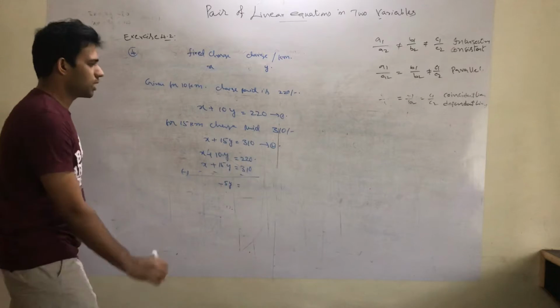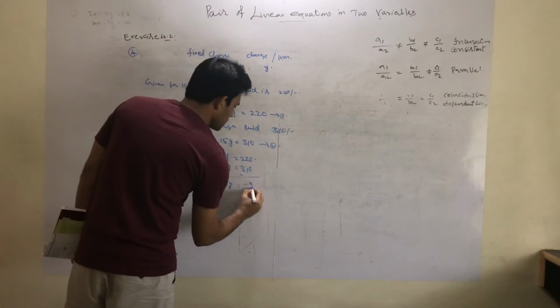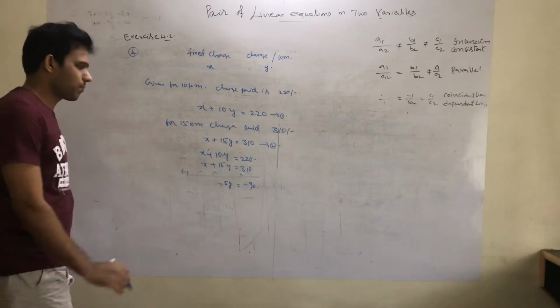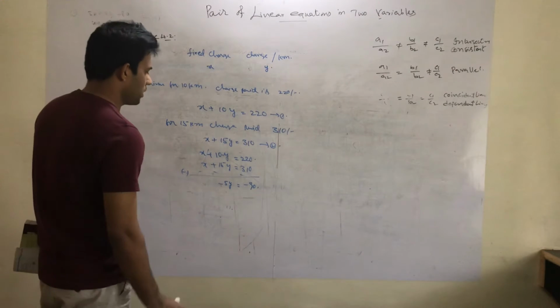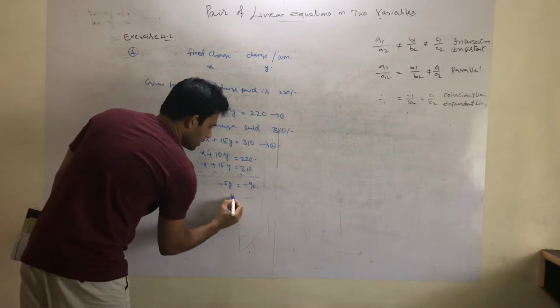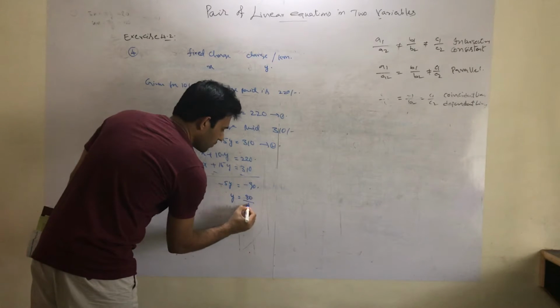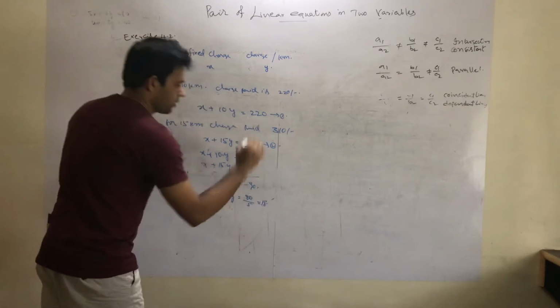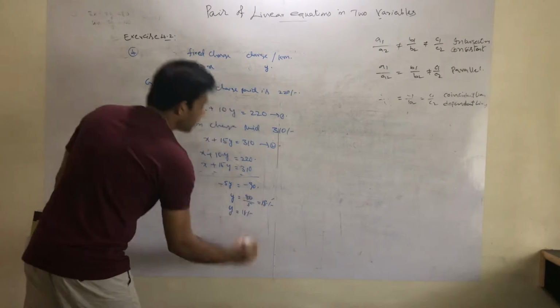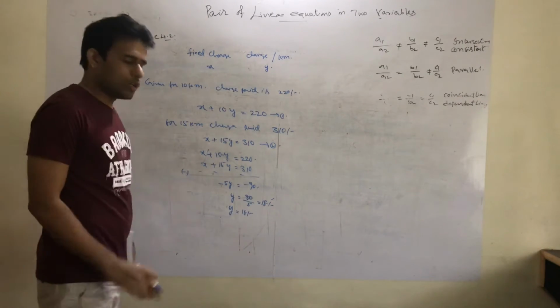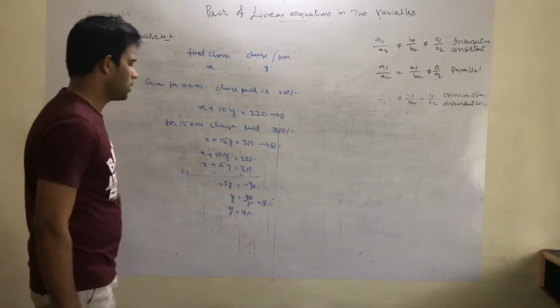Then 220 minus 310 becomes minus 90. Minus 90, yes, so the minus signs cancel. So y becomes 90 by 5, which is 18. So y, the charge per kilometer, is 18 rupees.